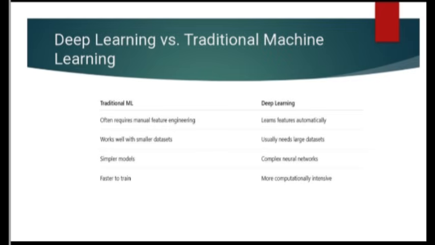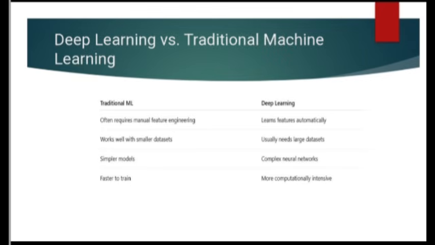Now we can see the difference between deep learning and traditional machine learning. Let us first understand why deep learning became necessary. Suppose we want a computer to identify a person's face. In traditional programming, we would have to manually define rules such as eye distance, nose length, face shape, and mouth position, then write thousands of if-else conditions. For example, if eye distance equals X and nose length equals Y, then identify as John.